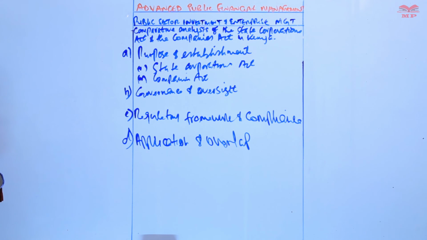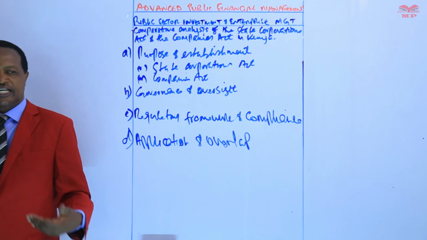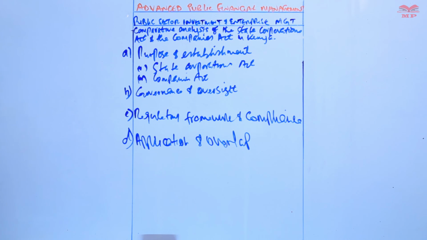So the overlap occurs when government entities are registered as companies under the Companies Act, and while they are legally companies, their government ownership brings them under the purview of the State Corporations Act.